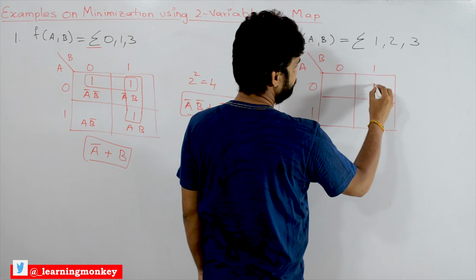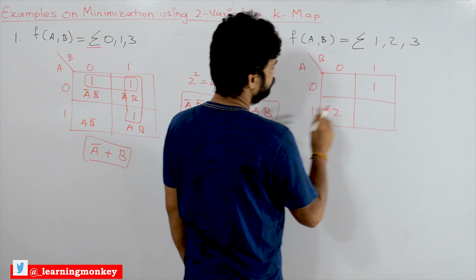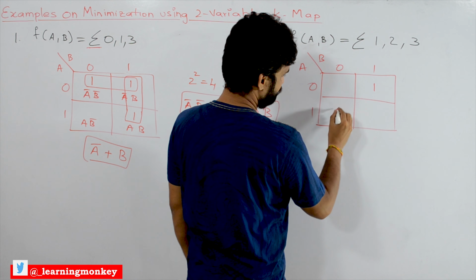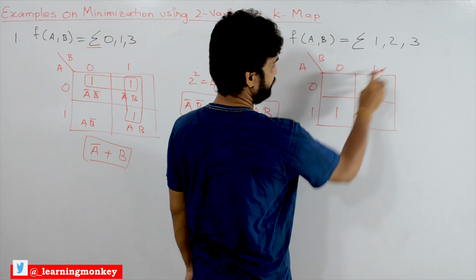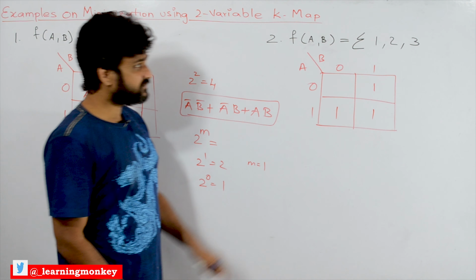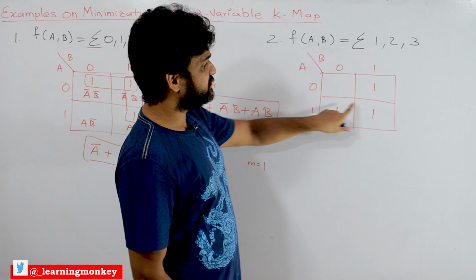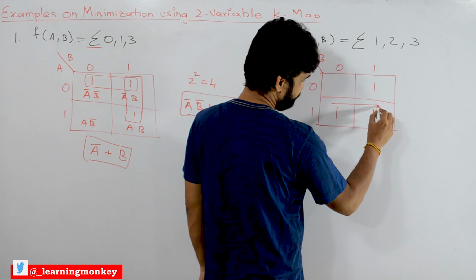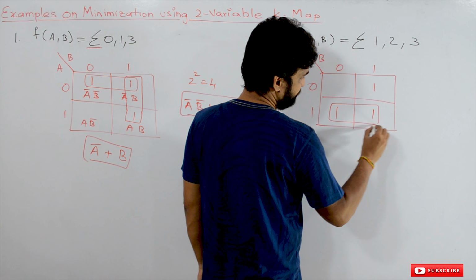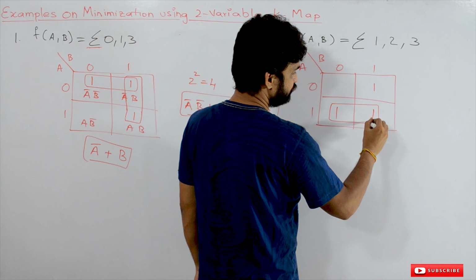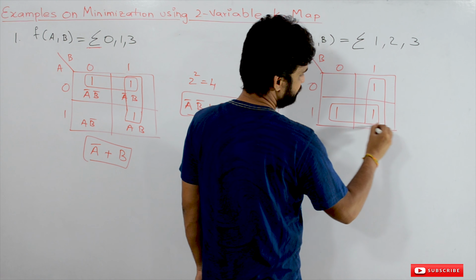So it is 1, and the next one is 2. 2 means 1, 0, sorry, and 3 means 1, 1, which is this. Now we have to identify the subcubes with maximum size. This is the subcube with maximum size possible, and if you consider these two, this is another subcube.